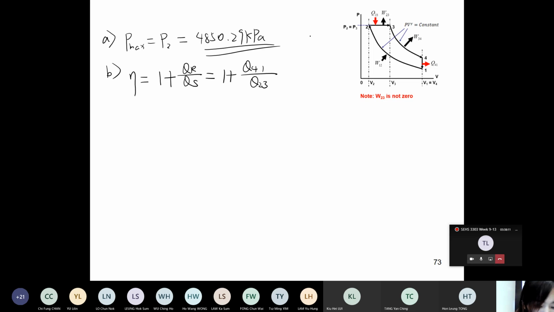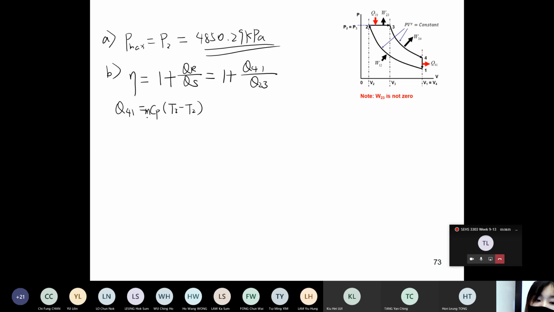So for the heat rejection, we need to calculate it. But here we have a problem.